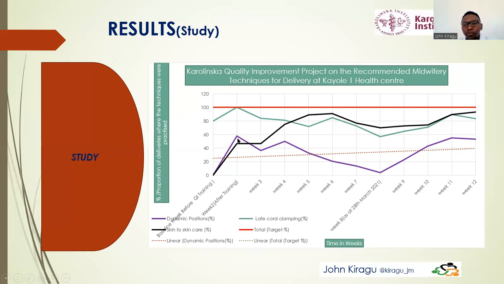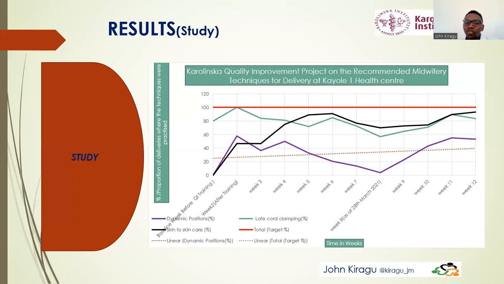So in the course of the project implementation, the level of adoption went down at around week 8, and this was attributed to staffing, whereby a number of staff who didn't participate in the initial workshop were now coming in, and knowledge transfer from the staff who had been trained had to happen, and it was happening gradually.